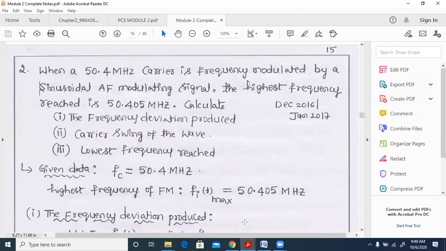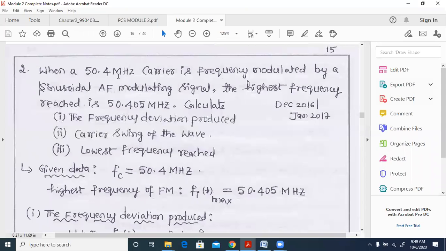Let us take the second numerical. When a 50.4 megahertz carrier is frequency modulated by a sinusoidal AF modulating signal, the highest frequency reached is 50.405 megahertz. So this is the highest frequency. Calculate frequency deviation produced, carrier swing of the wave, lowest frequency reached. So very simple here.